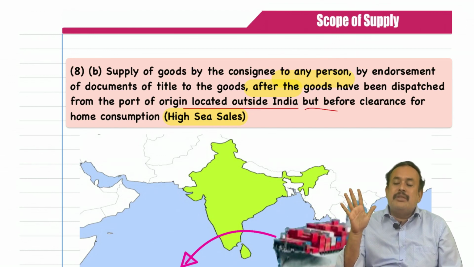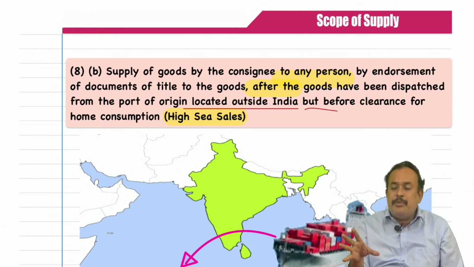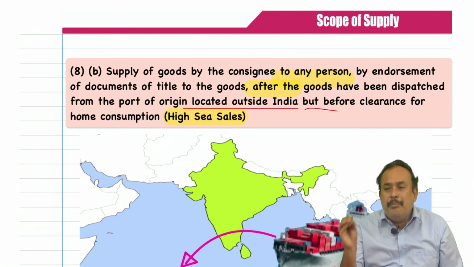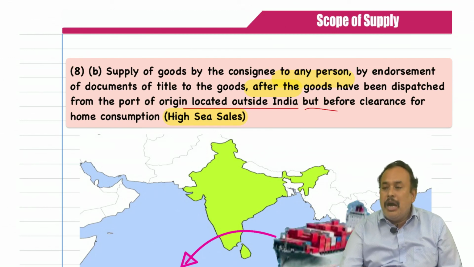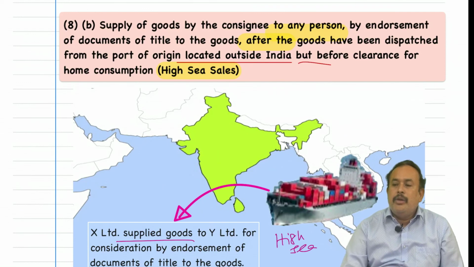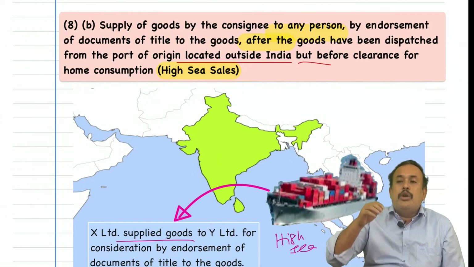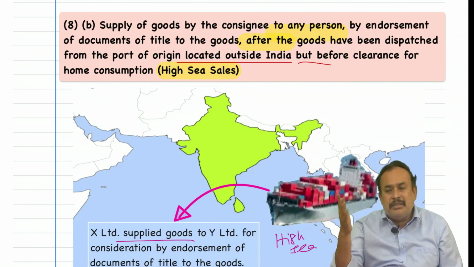Actionable claims, not a supply, except lottery, betting, gambling. Are you getting the points, my dear friends? Furthermore, referring to fee payable to a court or tribunal, not a supply.